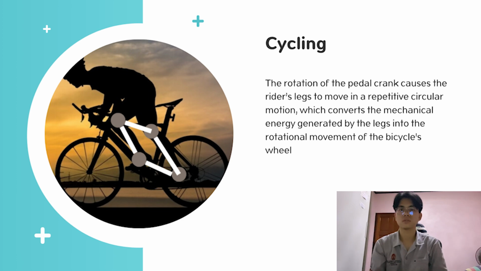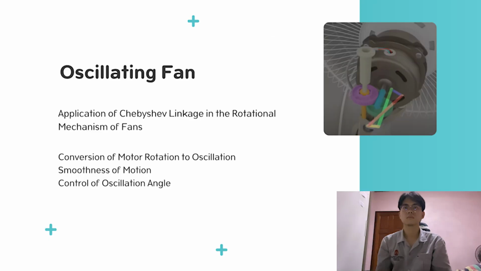The rotation of the pedal crank causes the rider's leg to move in a repetitive circular motion, which converts the mechanical energy generated by the leg into the rotational movement of the bicycle wheel.